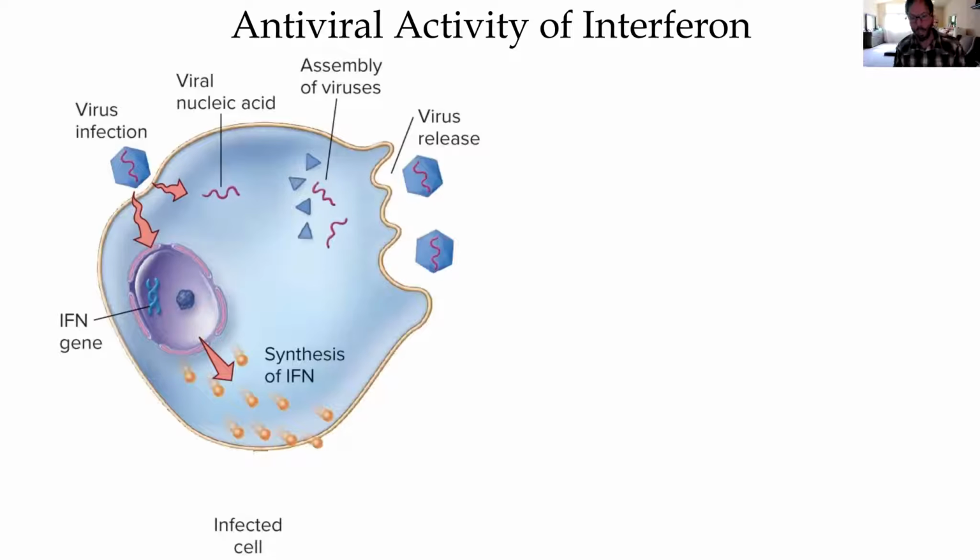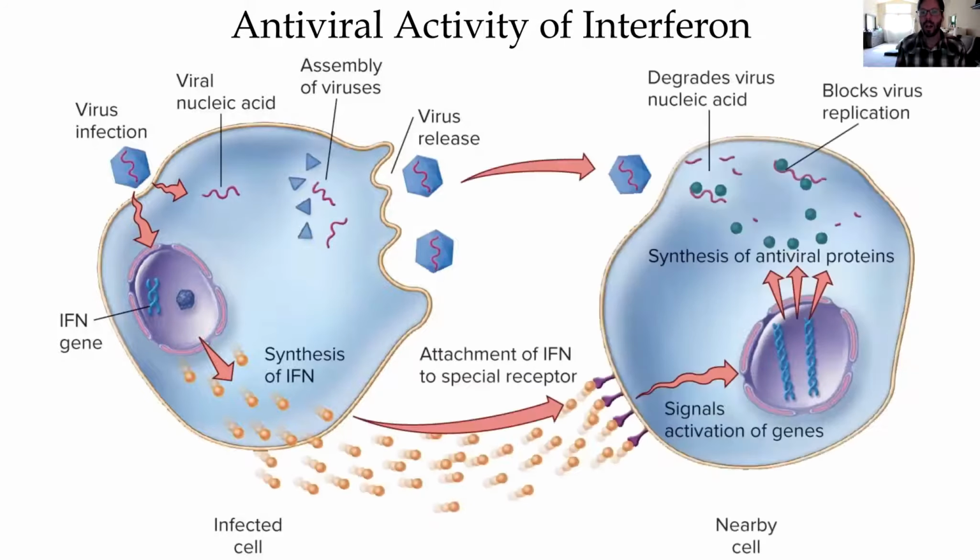But once that happens in that cell, the cell recognizes that it's infected, and it sends a message for it to start transcribing and translating interferon. Okay, and then that interferon is released, and then that is detected by a neighboring cell.